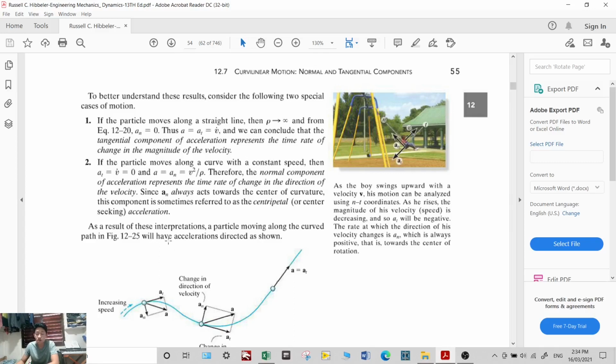So if the speed is not changing, the tangential component will be 0, and the acceleration is just the normal component, which is v squared over rho. Therefore, the normal component of acceleration represents the time rate of change in the direction of the velocity. Since the normal acceleration always acts toward the center of curvature, this component is sometimes referred to as centripetal acceleration.